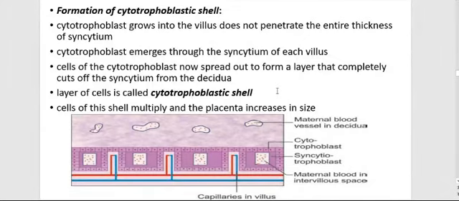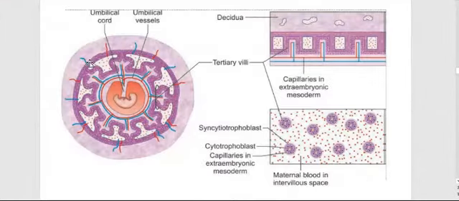So the cells of this shell will multiply, and the placenta will now increase in size. This is now the new arrangement. As you can see from here, these cytotrophoblastic cells emerged, extended externally, and formed the outermost layer covering the syncytial trophoblast.